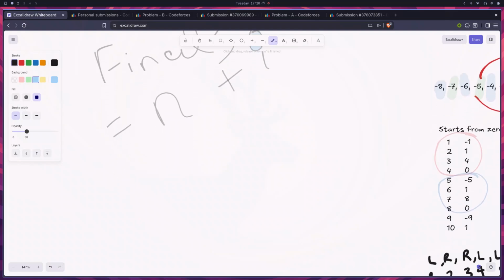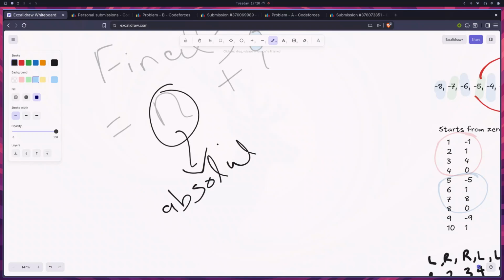The number of jumps decides how far it is in absolute distance from the initial point.